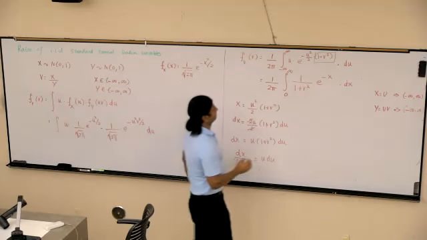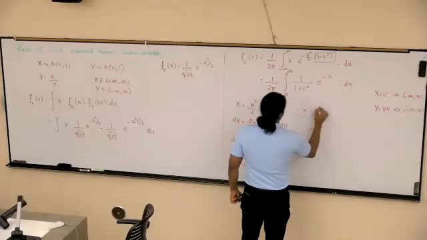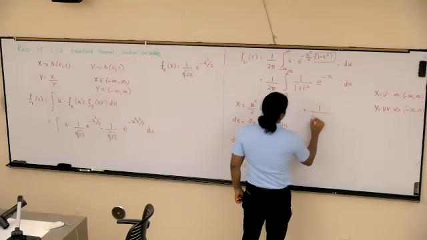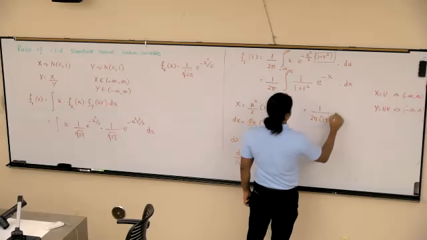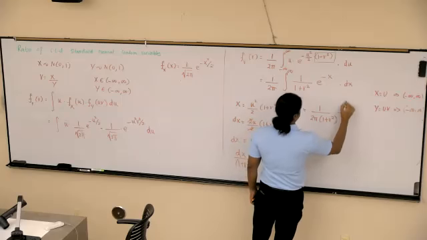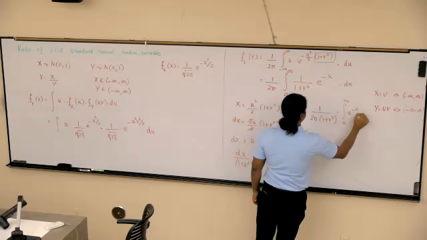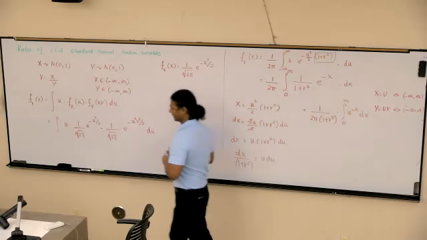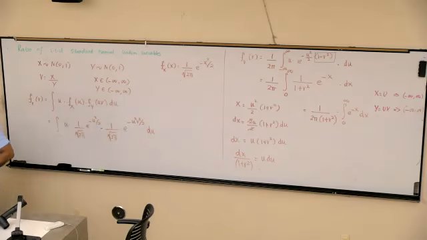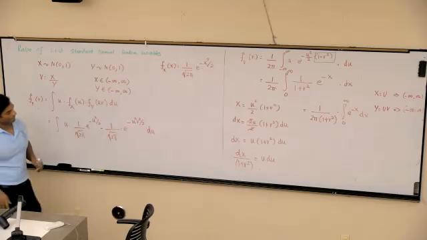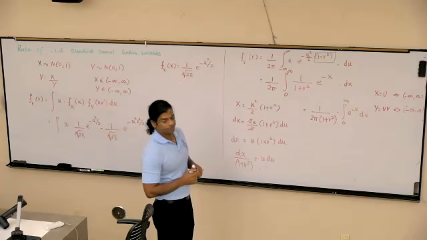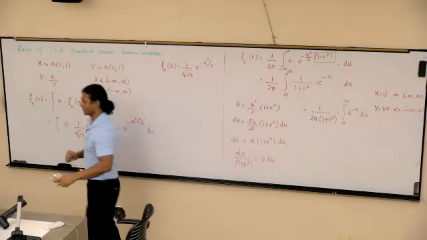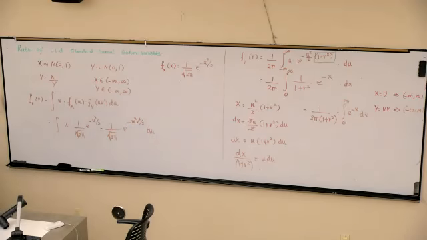And I'll have 1 over 2 pi, 1 plus v squared, integral from 0 to infinity, e raised to minus w dw. We should know what that integral is.